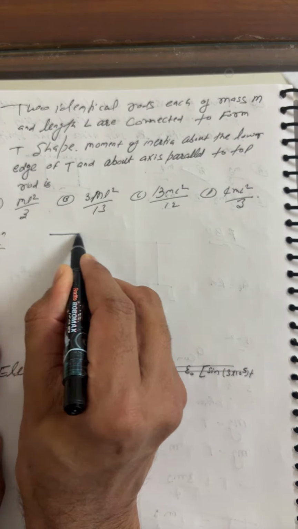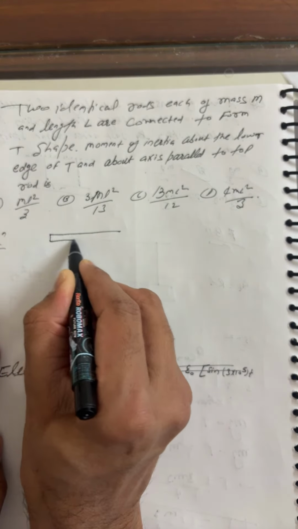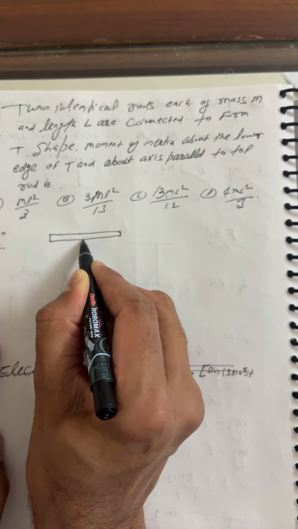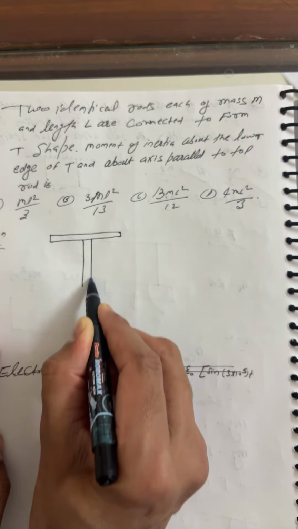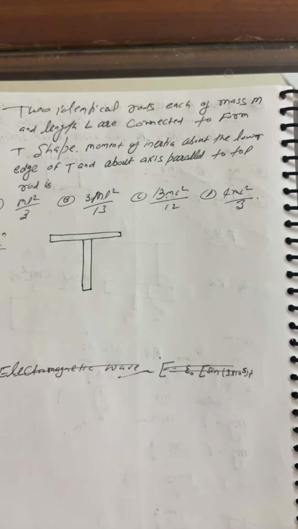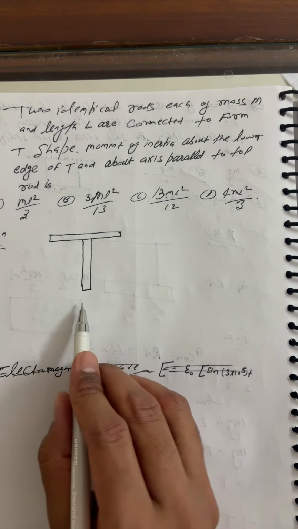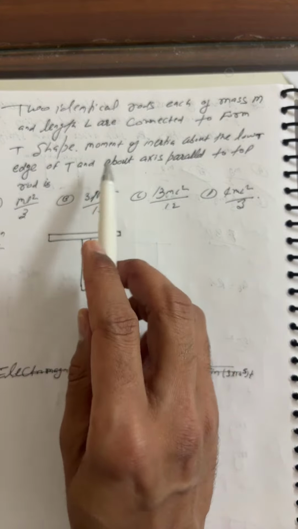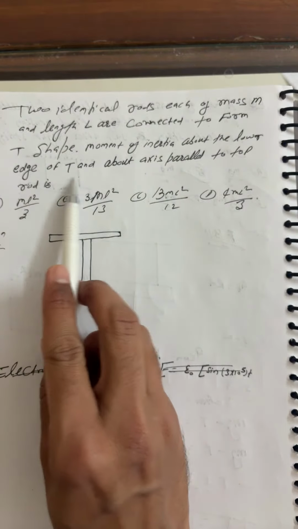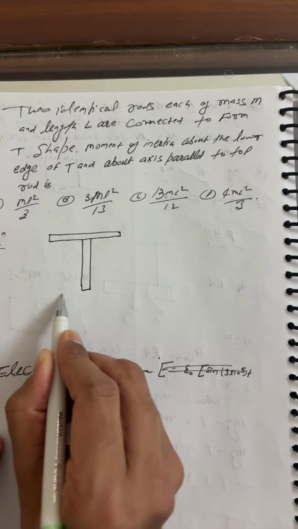So you can just make the rod, mass is m, length is L. The question asks for the moment of inertia about the lower edge of the T.